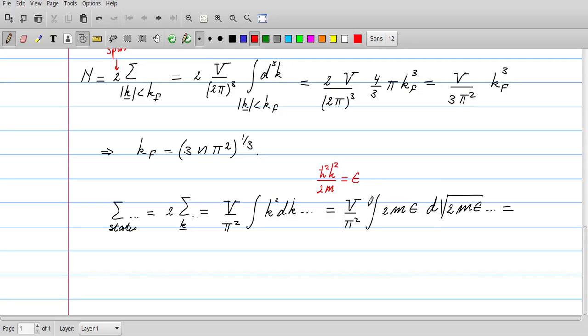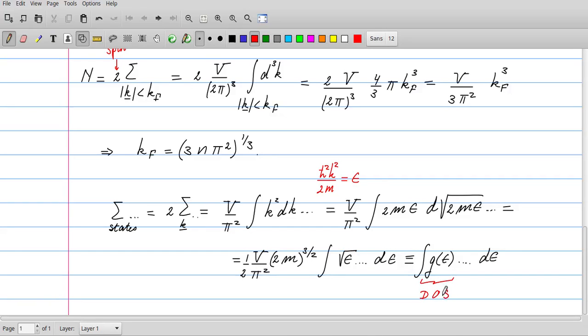And if we work out that form, we arrive at this expression here, and we see that there is a square root of epsilon here, and all these constants in front of the integral, together with the square root of epsilon, we move into a function g(epsilon), and that function, it's well known, is the density of states.